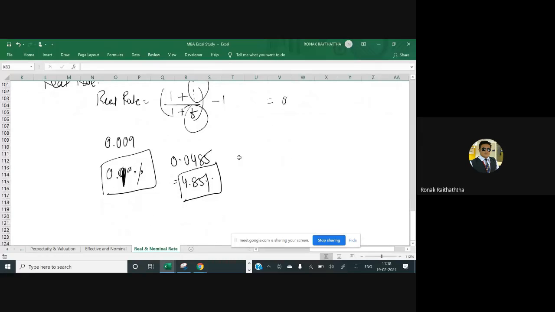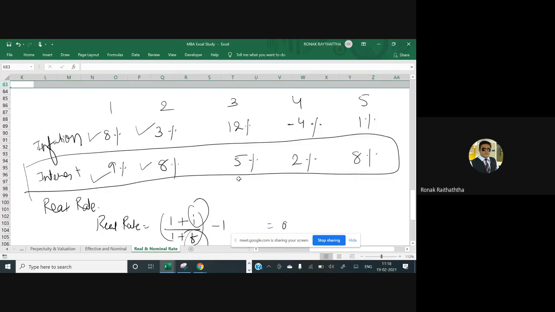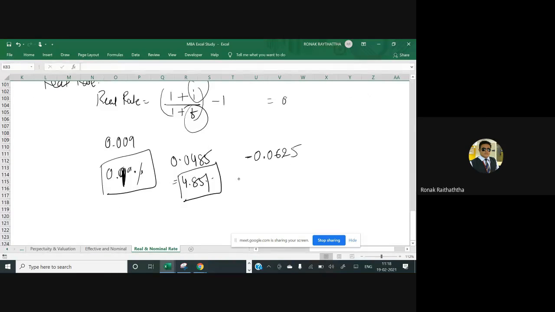That's negative, so you are losing the value of your money in that one. If you are just getting a 5% interest rate over there, check that there is a 12% inflation rate too. In that country, you won't be able to increase your purchasing power. It would rather be reduced.